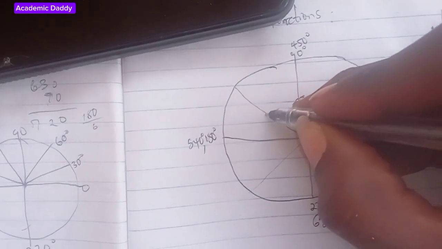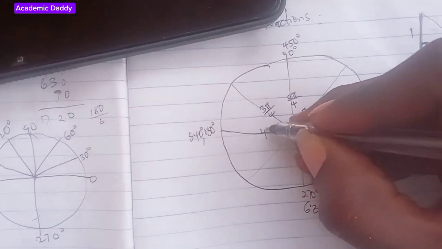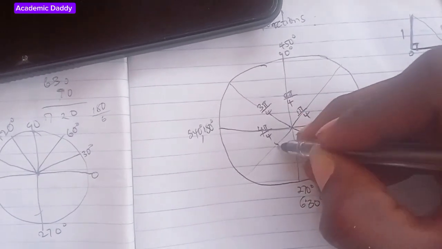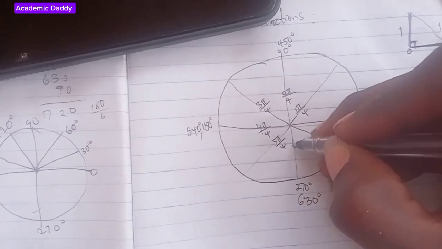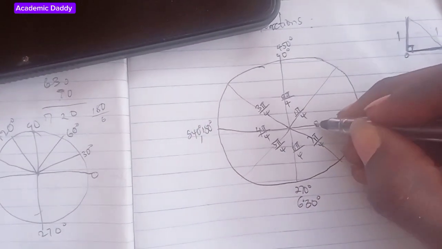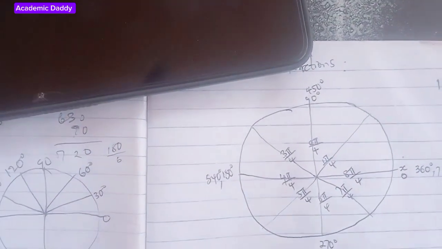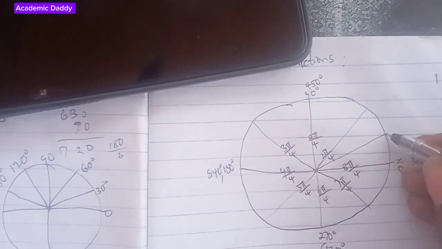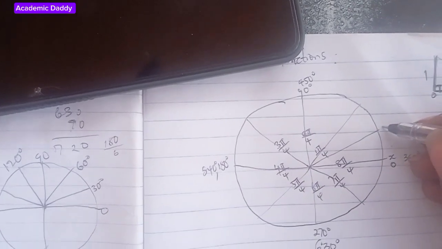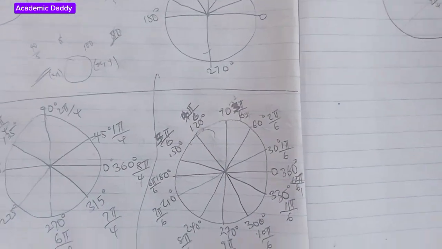Then 3 pi over 4. Then 4 pi over 4, 5 pi over 4, 6 pi over 4, 7 pi over 4, 8 pi over 4. When they finish doing this, then they'll come here and do the other. So it's more like they are combining these two things when they are talking about circular function.